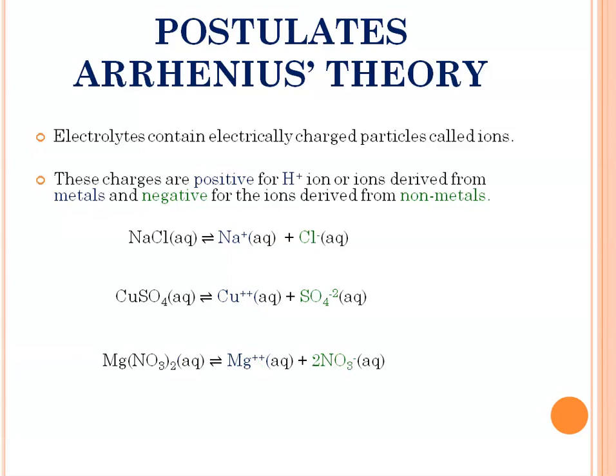Likewise, if we dissolve magnesium nitrate in water, which contains magnesium ions and nitrate ions, magnesium ions come from the metallic part of the molecule, while the nitrate ions come from the non-metallic part of the molecule.